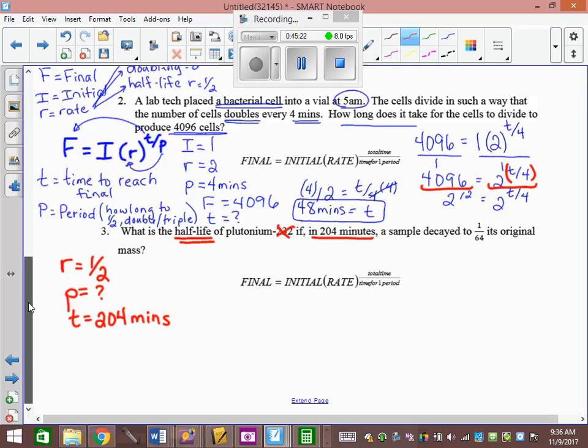1/64th. If you do 100, it's 64. Now pay attention. If you do 100, what's 1/64th of 100? Is it not a 64? Am I wrong? 6,400.